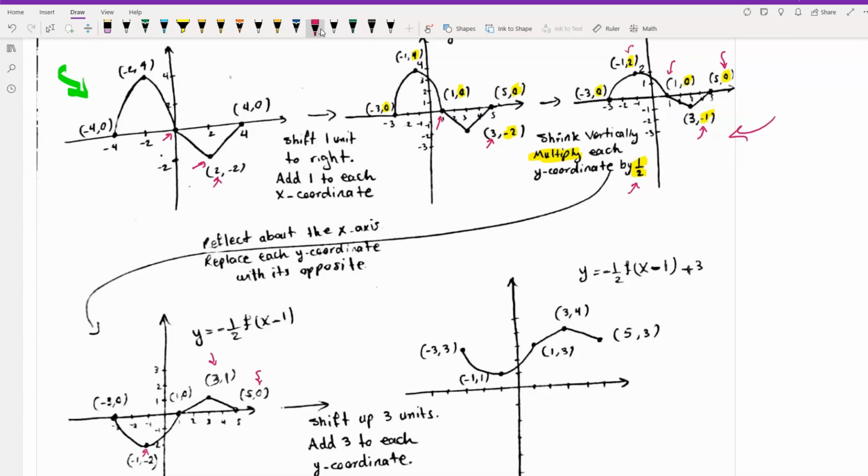Then finally, graphing y equal to negative 1 over 2 times f of x minus 1 plus 3. So use what we had here and then shift our graph 3 units upward because of having this positive sign. So shifting 3 units upward.